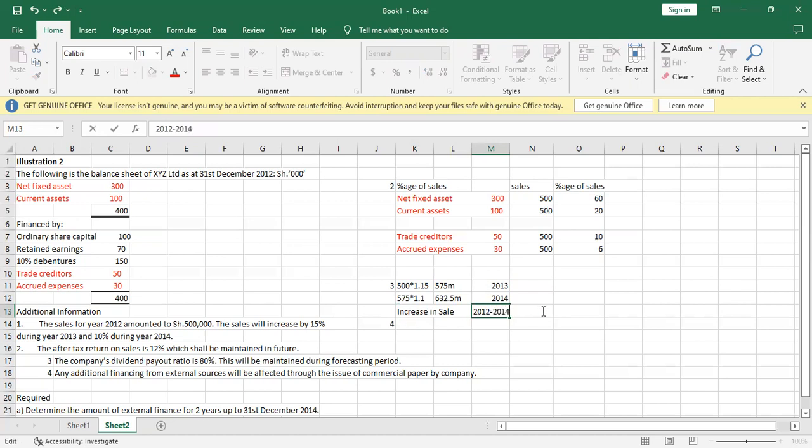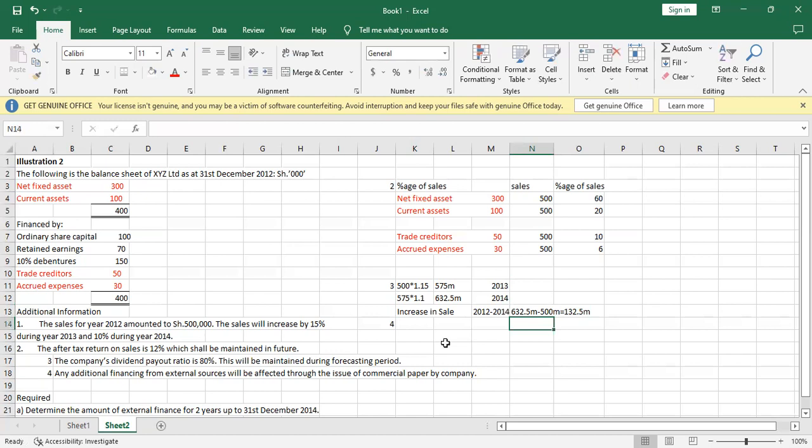So it will be 632.5 minus 2012, I had 500 million, right? So the difference will be 132.5 million. That is the difference, or that is the increase.